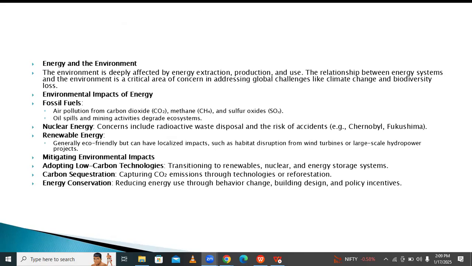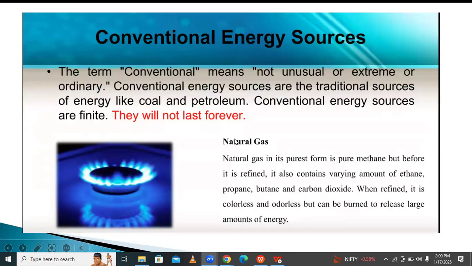Okay. So next, what are the different types of energy sources? Conventional energy sources and non-conventional energy sources. The term conventional means not unusual or extreme, or ordinary. Conventional energy sources are traditional energy sources like coal or petroleum.